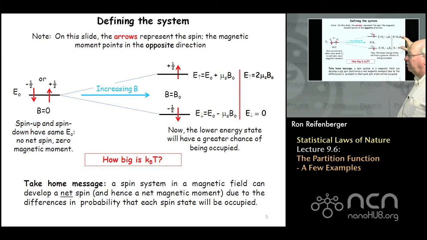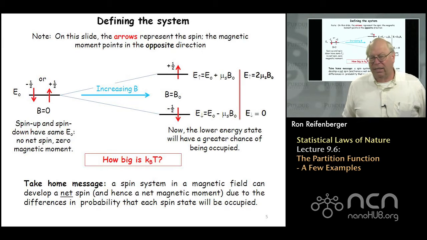It's very convenient to relabel those two states, designating the lowest energy state as equal to 0. The upper energy state is going to be separated by this quantity 2 mu times B0. The real issue in this calculation is what is the size of the thermal energy? What is KT?